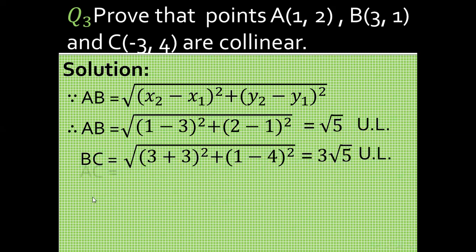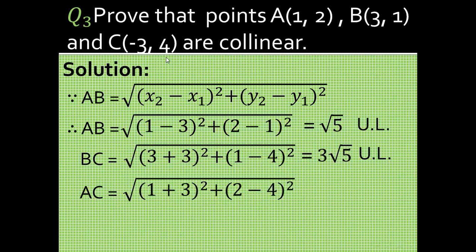Finally, AC equals root of (1 minus negative 3, 1 plus 3) all power 2 plus (2 minus 4) all power 2 equals 2 root 5. We noted that the greatest line segment here, among AB, BC, AC, is BC, 3 root 5. The greatest is 3 root 5.